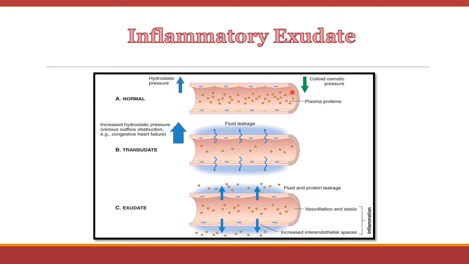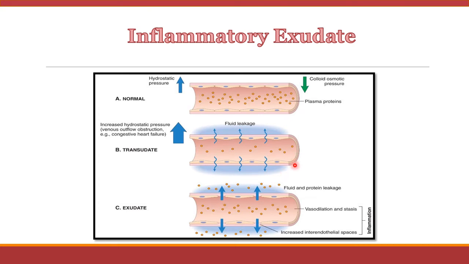In some conditions, we have increased hydrostatic pressure inside the vessel. So we have more fluid inside, and this will push the fluid to go outside the vessel in increased amount. These conditions are caused especially by cases of venous obstruction.